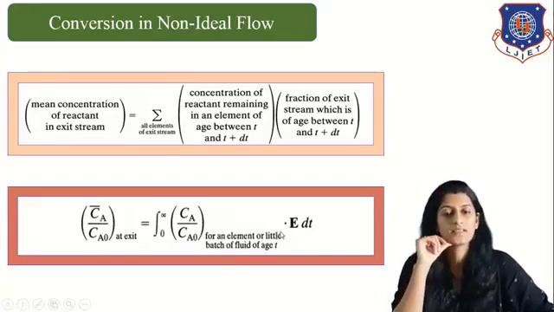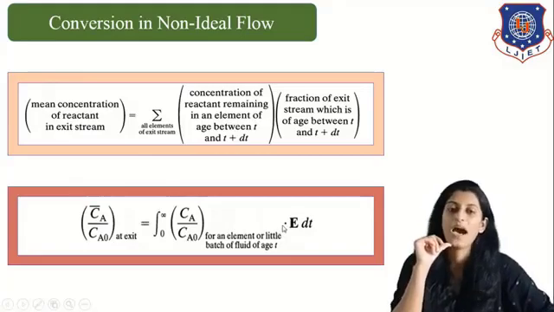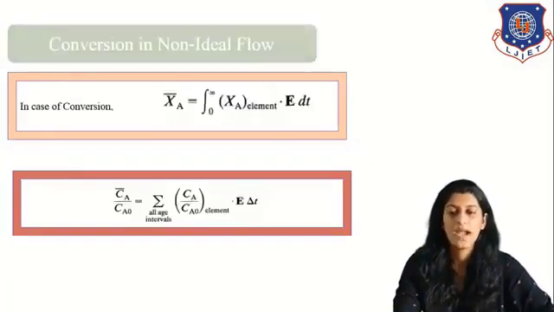E here is the exit age distribution of our element. Correct? So this is all about how to determine it.